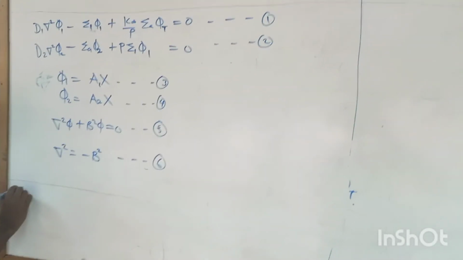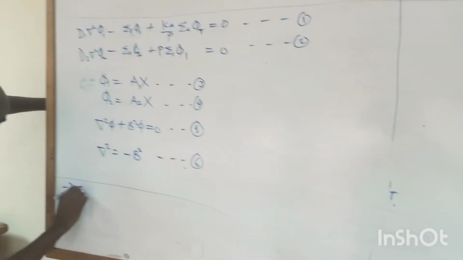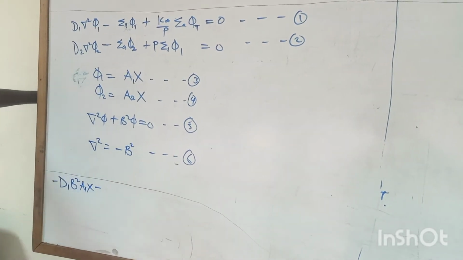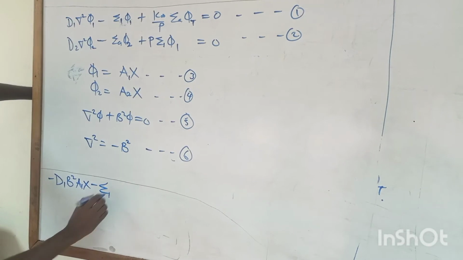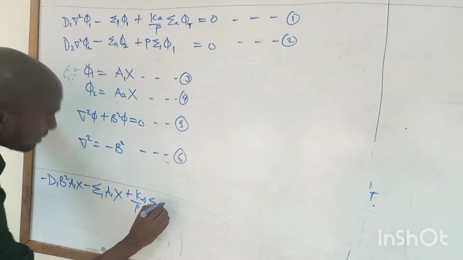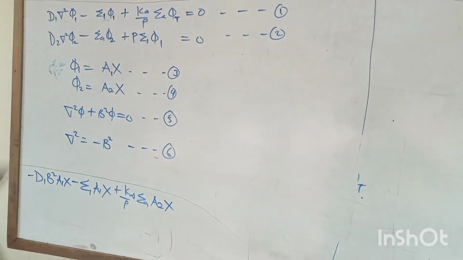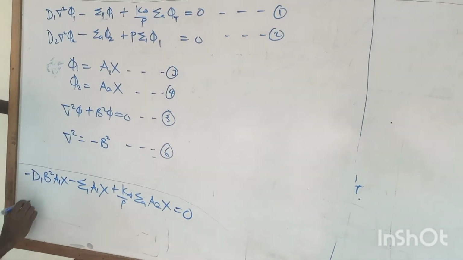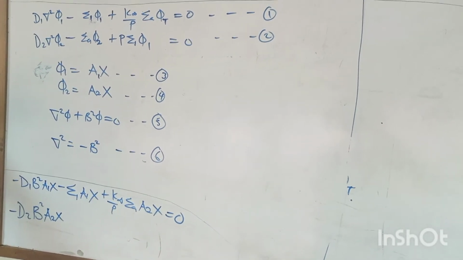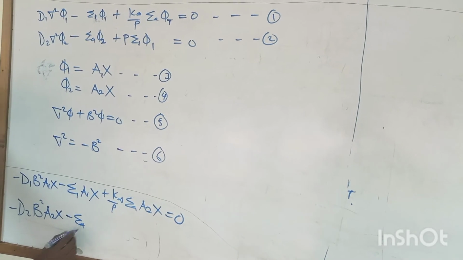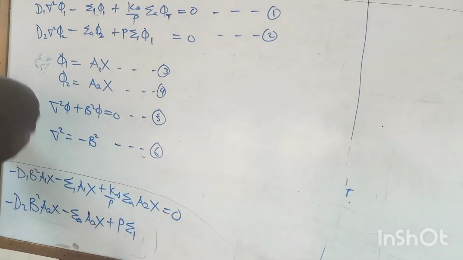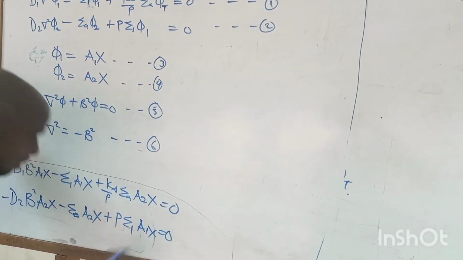So we have minus d1 b squared a1 psi(x), minus e1 a1 psi(x), plus k infinity p a2 psi(x), is equal to 0, and this one, minus d2 b squared a2 psi(x), minus ea a2 psi(x), plus p e1 a1 psi(x), is equal to 0.